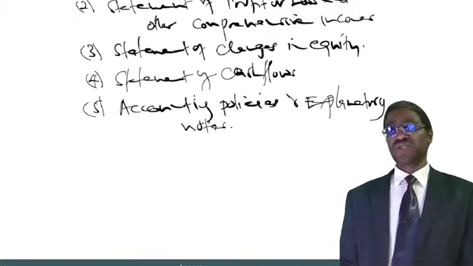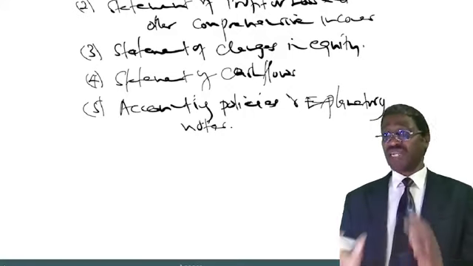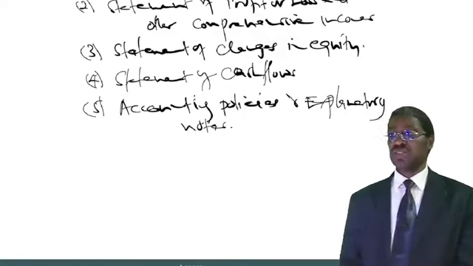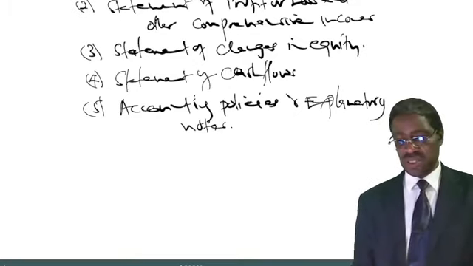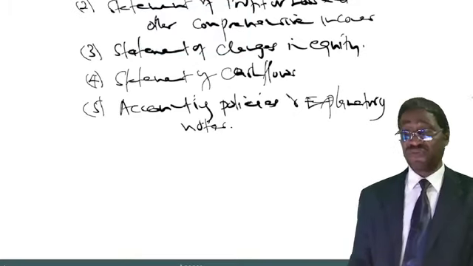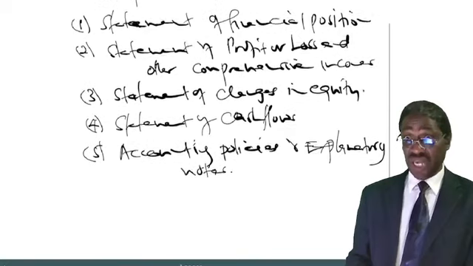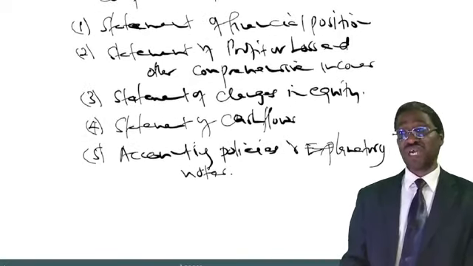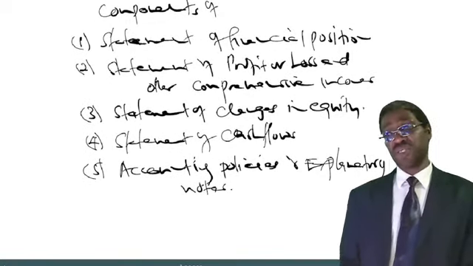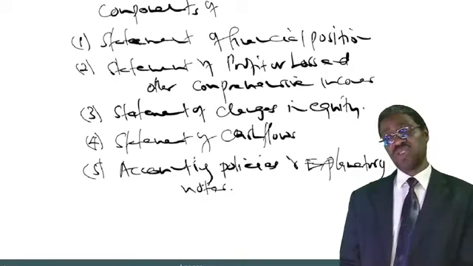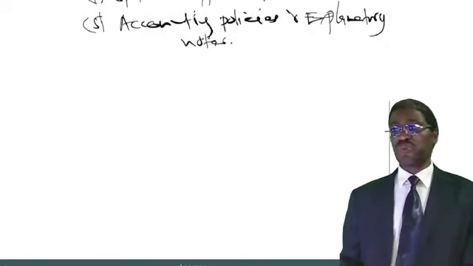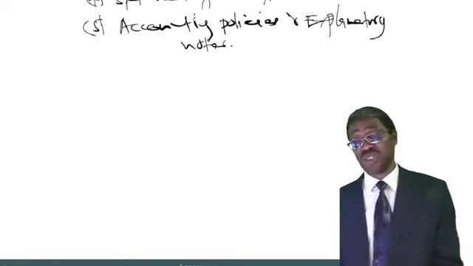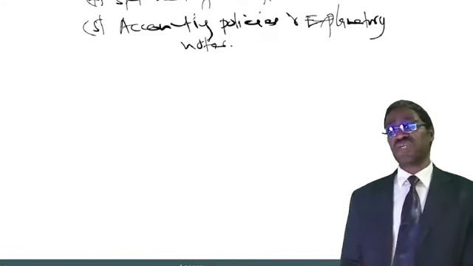Good. Let me now discuss each of them and how to prepare it for publication purposes. Let me start with the statement of profit or loss and other comprehensive incomes.